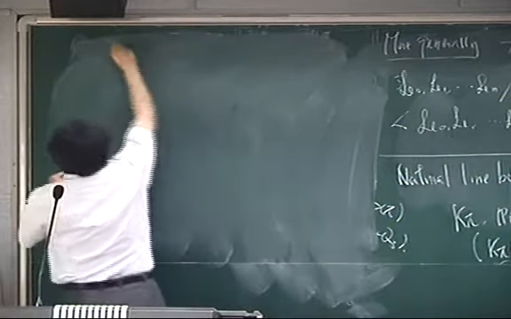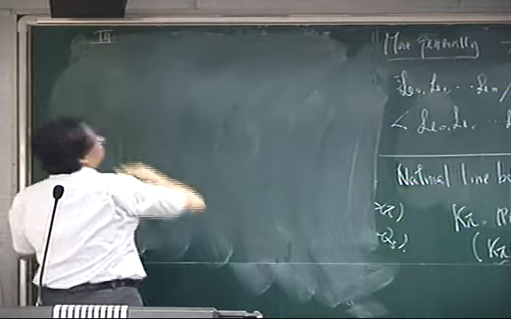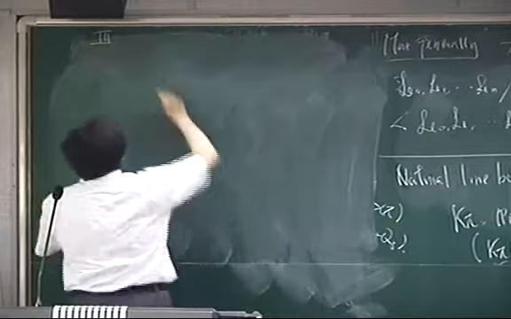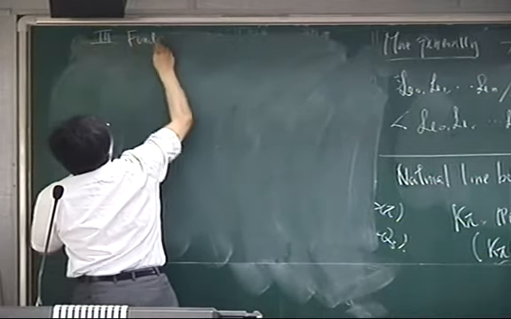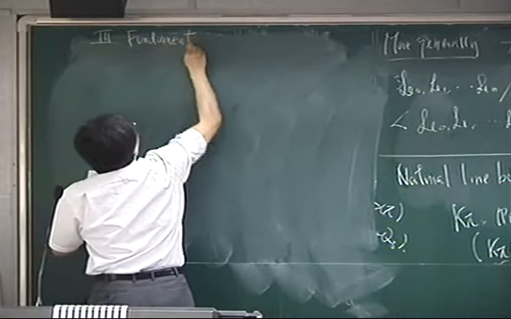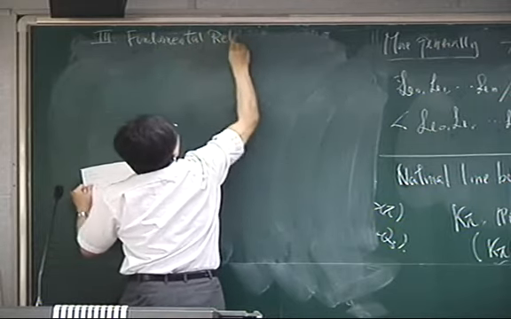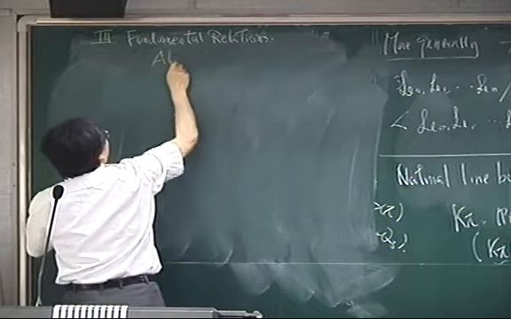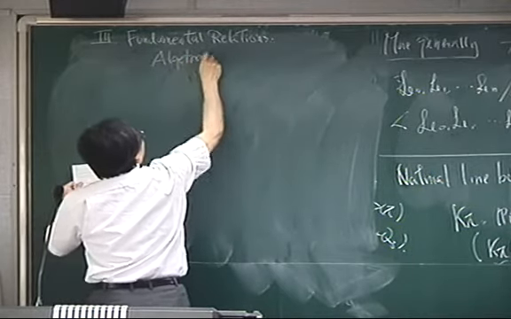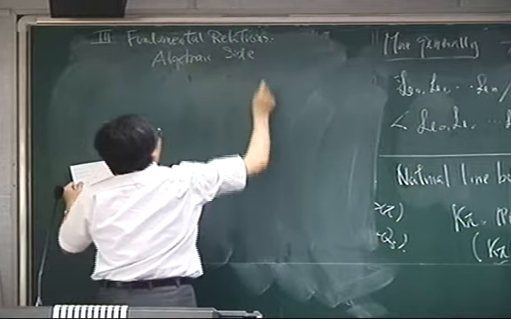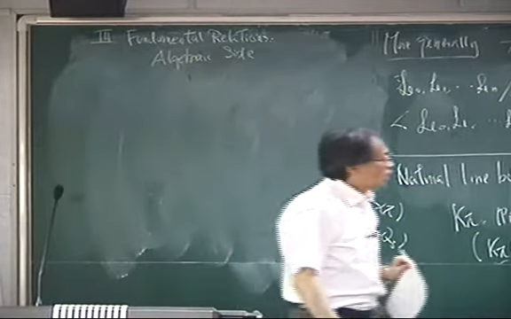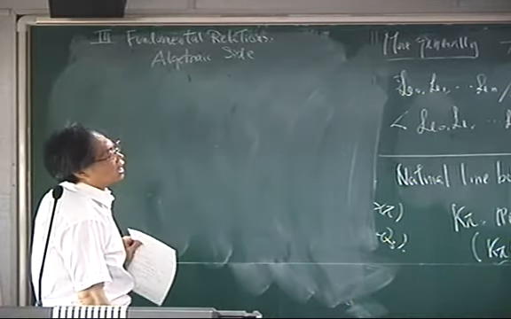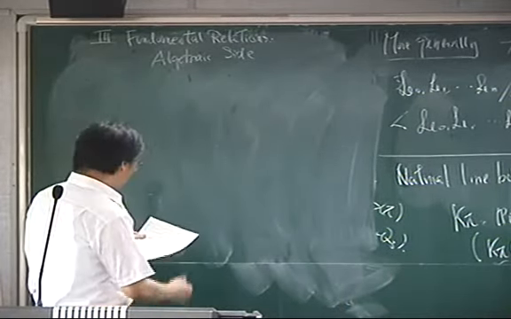Then I would like to expose some of the fundamental relations among those bundles. Actually, there are three parts. This is the algebraic side. Later on, I will give you the analytic side. Finally, I will give you the geometric side.